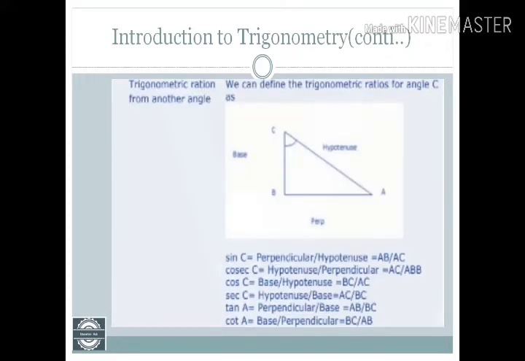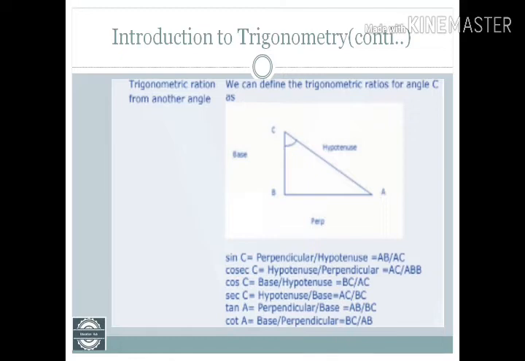Now from the screen you can see, and here I am telling you once again, the sine, cosec, cos, sec, tan and cot values of every angle. Please go through the screen.